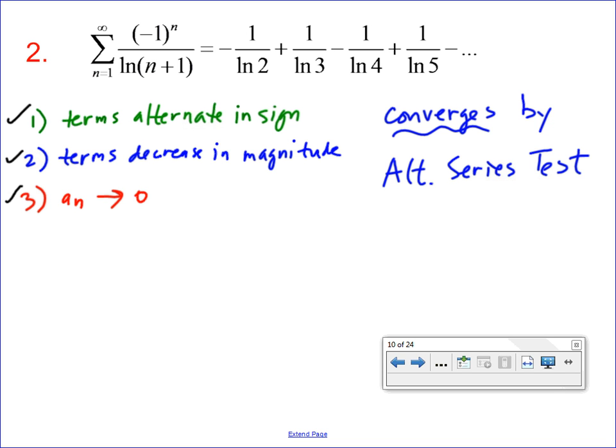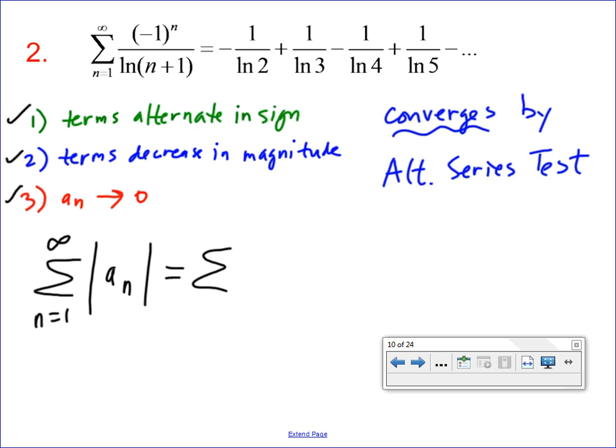So we have to consider now the sum of the absolute value of the terms. And as we do that, what happens to that numerator, (-1)^n, if I consider those terms in absolute value?